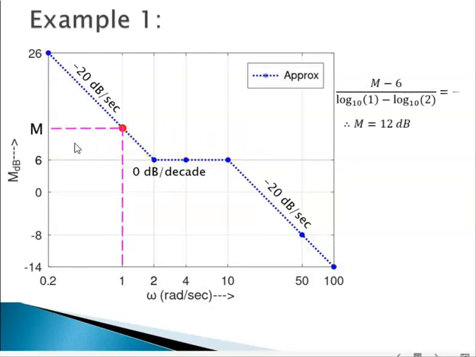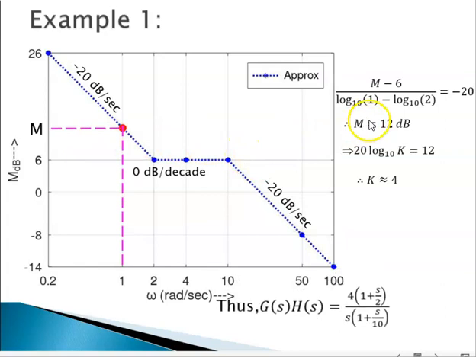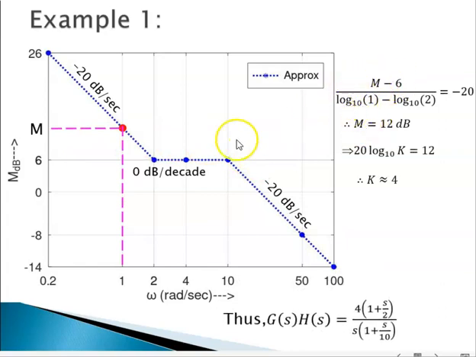The dB value m you can find from the equation y2 minus y1: y2 is m, y1 is 6, so m minus 6 divided by log 1 minus log 2. This line slope is minus 20. So you get m equal to 12 and k equal to 4.